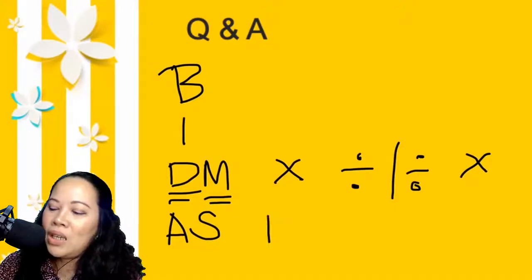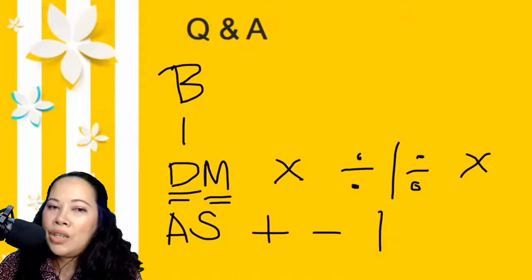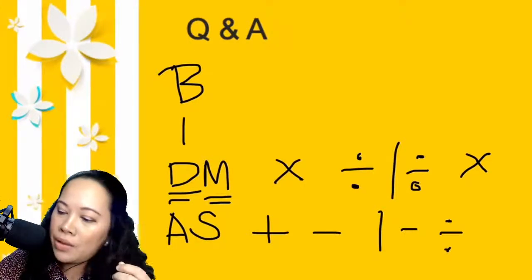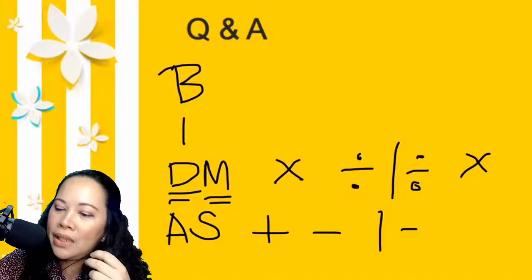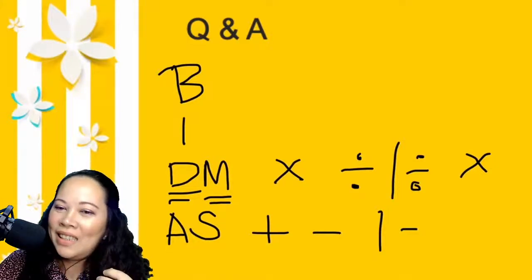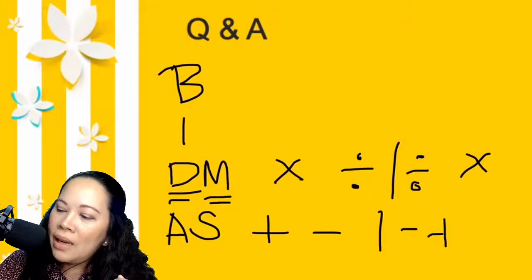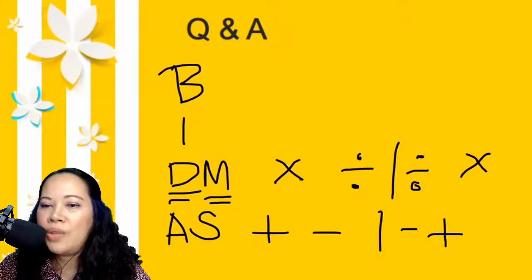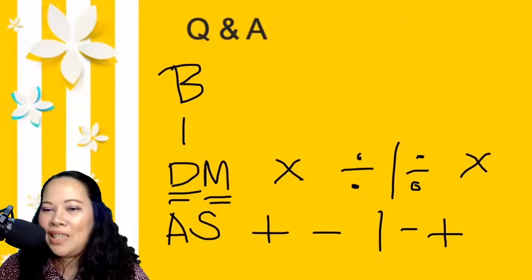The same with addition and subtraction. If it is addition first, then subtraction, then we do addition first and then subtraction later. If it's subtraction first before addition, then we do the subtraction first before the addition.